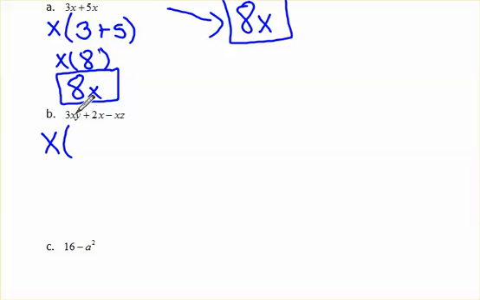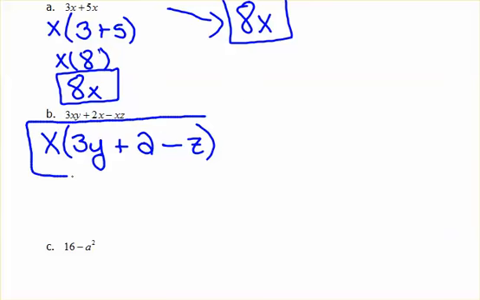If I pull the x out of this first term, we're left with 3y plus, if I pull the x out of this second term, we're left with 2 minus, if I pull the x out of this third term, we're left with z. And again, we cannot combine any of these items, so this is in its most simple form.